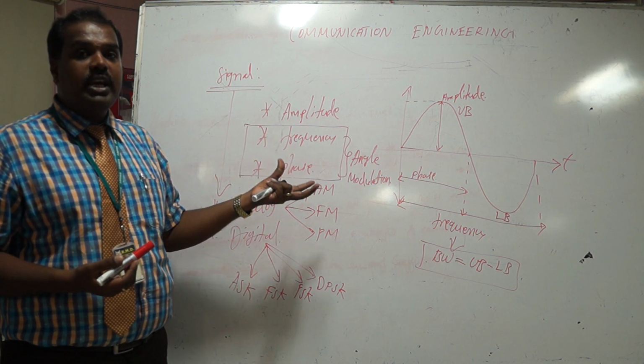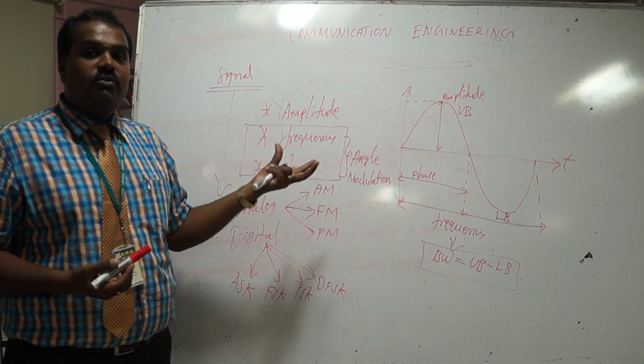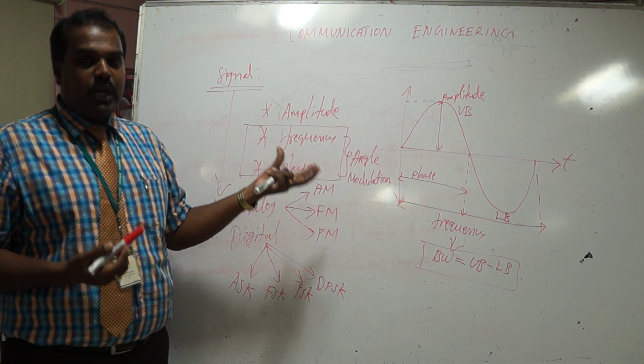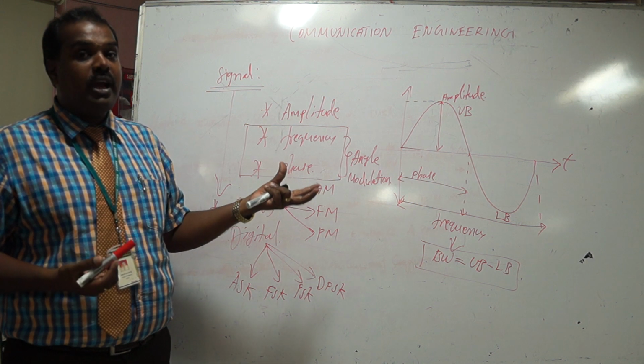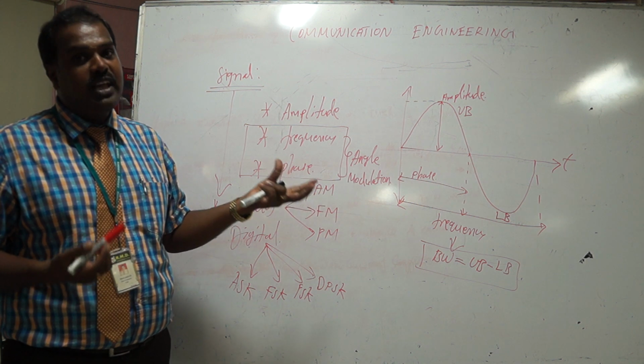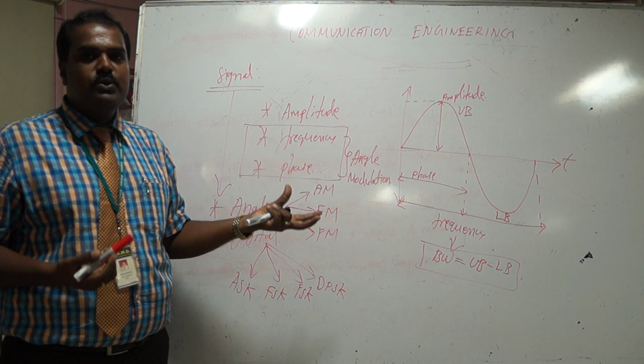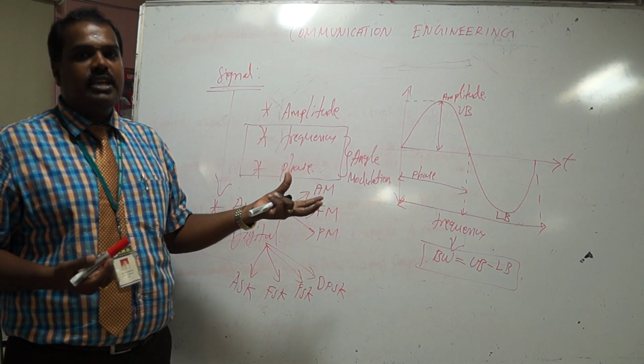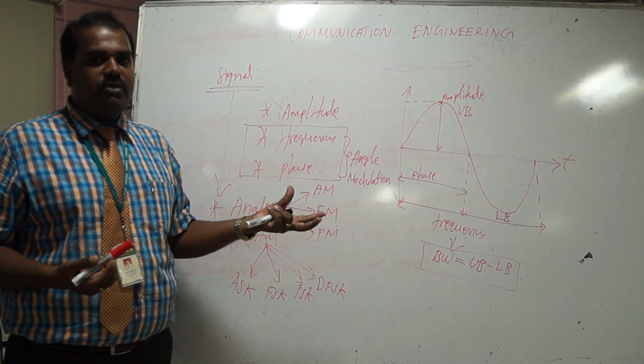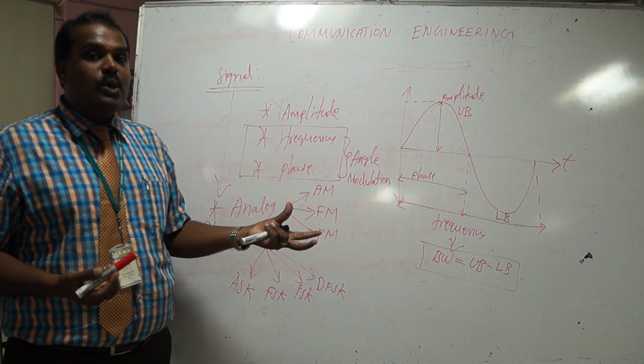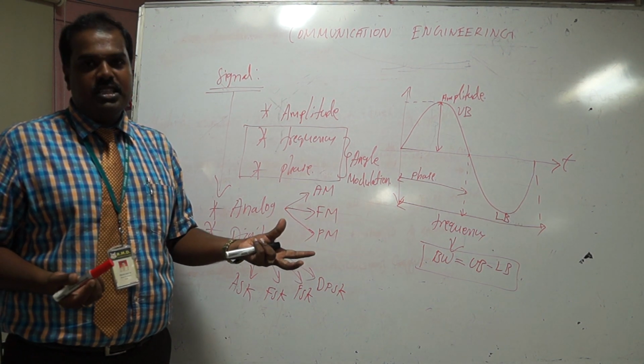Based on that, we can decide the strength and weakness of the signal, and identify where you require a narrow band and where a wide band. It's very useful for analyzing signals. In the next lecture we'll see analog signals in detail and then go to digital signals. Thank you.